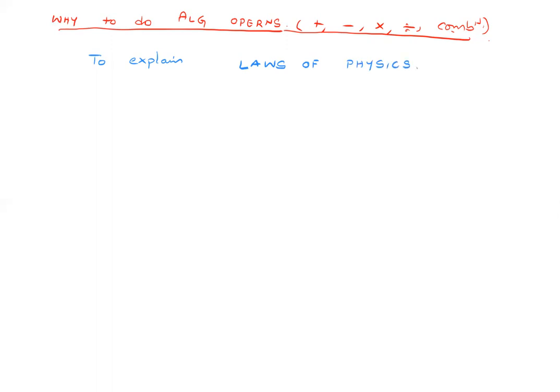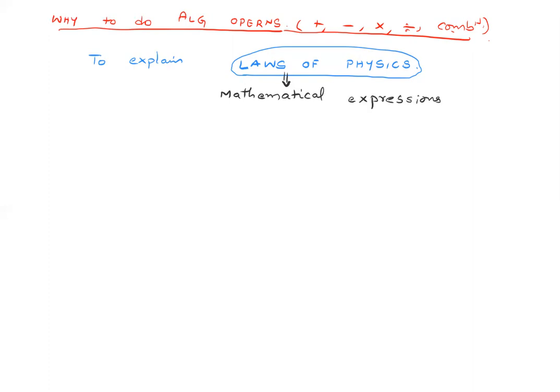What do I mean by laws of physics? Laws of physics is nothing but truth. Truth, or an event that you are capturing and putting in mathematical form. Bluntly speaking, laws of physics are mathematical expressions or definitions.